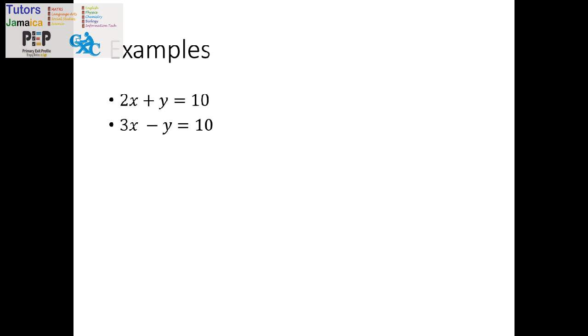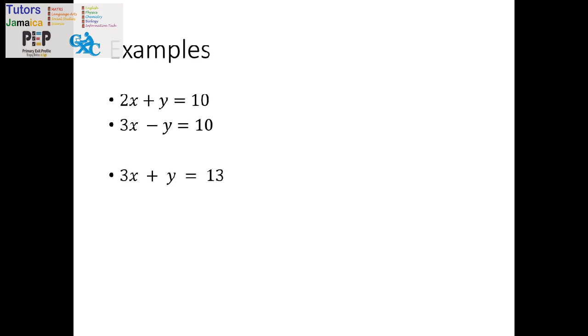But because it's a simultaneous equation, meaning that both of them have the same value, we have to find a pair of numbers for which both equations are true. That is what we're going to do.